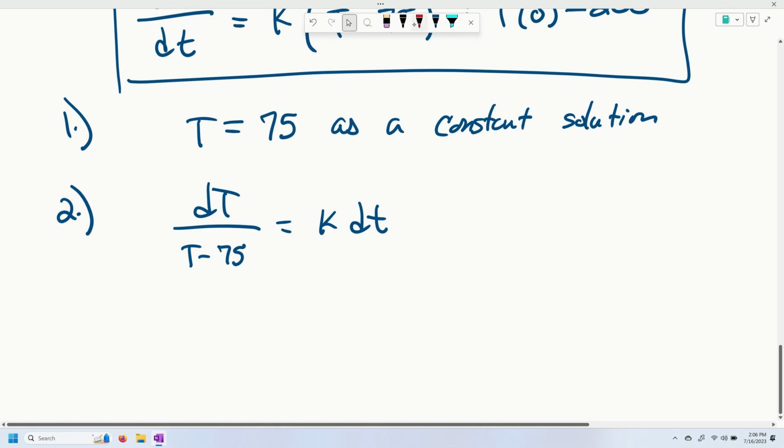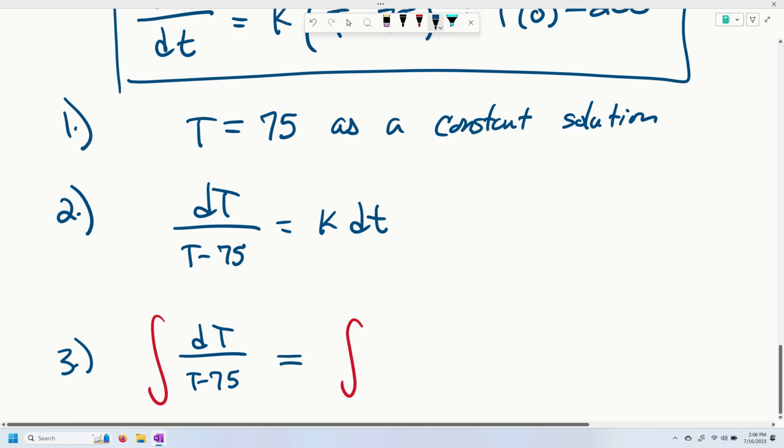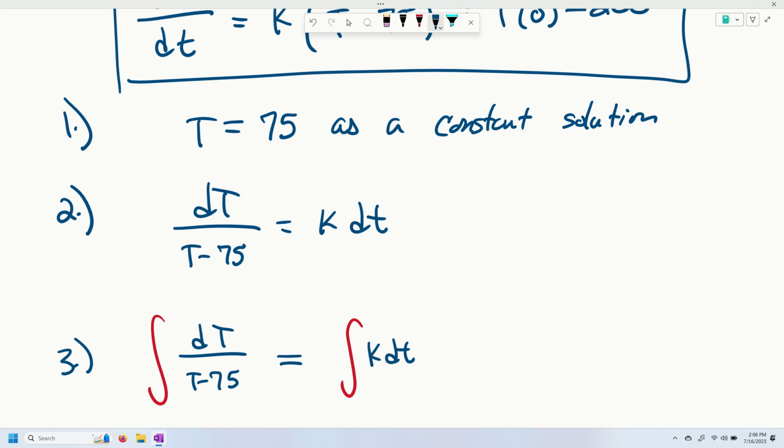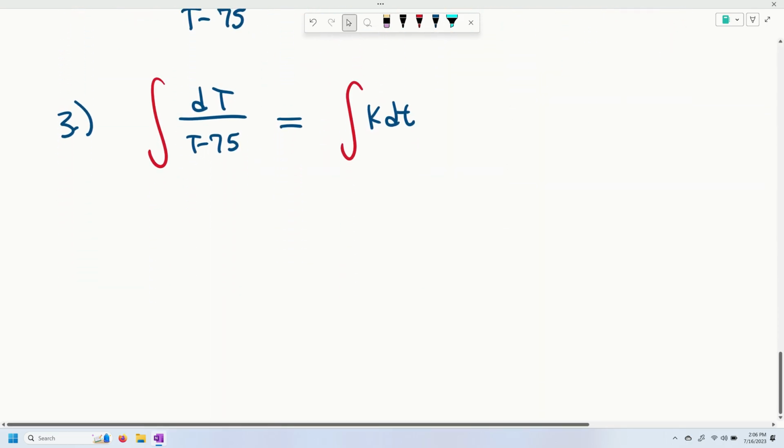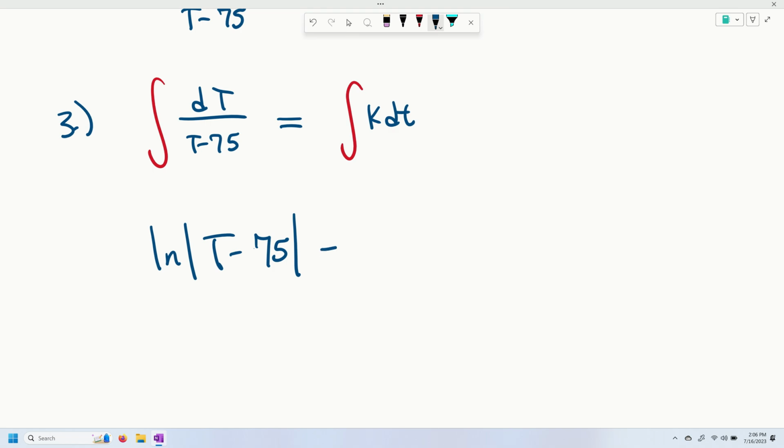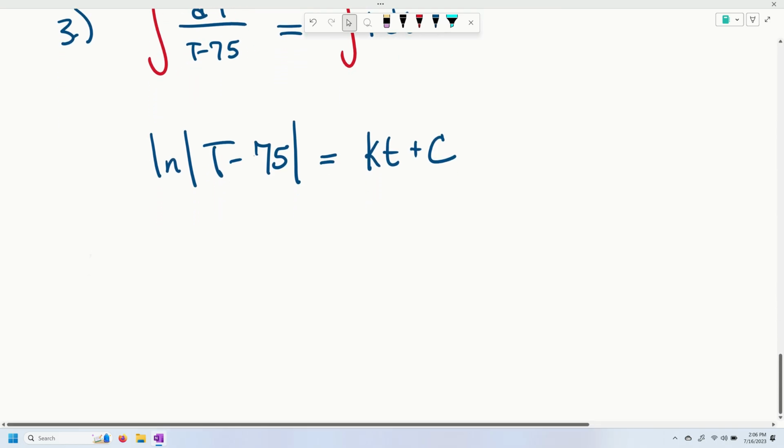Now, we're going to integrate both sides. And by integrating both sides, we get the natural log of the absolute value of T minus 75 equals Kt plus a constant.